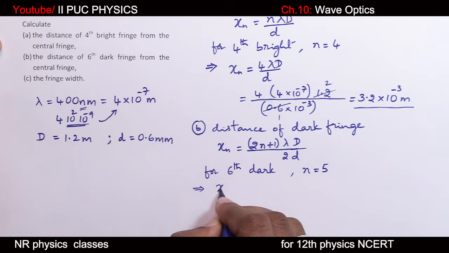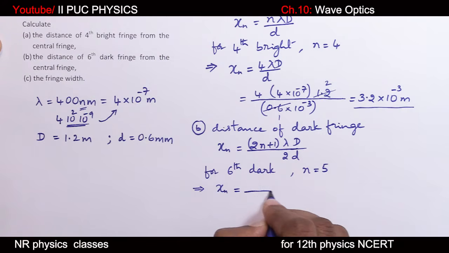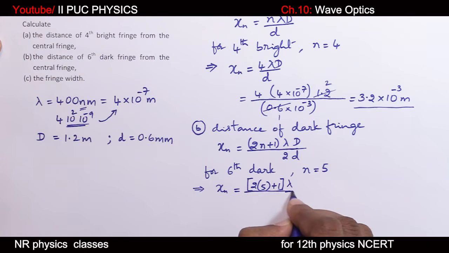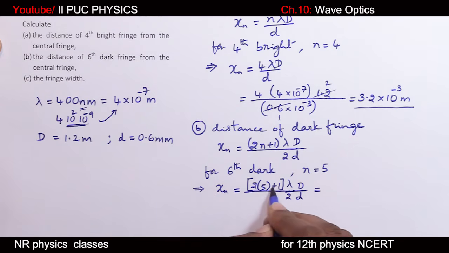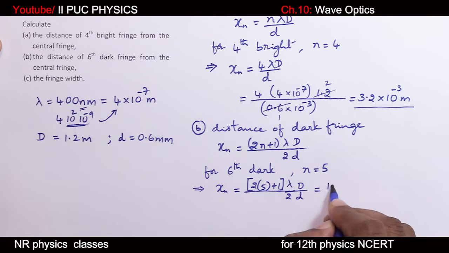Implies xn equal to (2 into 5 plus 1) lambda by 2 capital D by small d, 10 plus 1, 11 by 2 lambda capital D by small d.